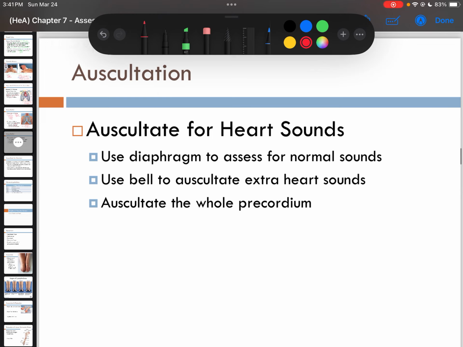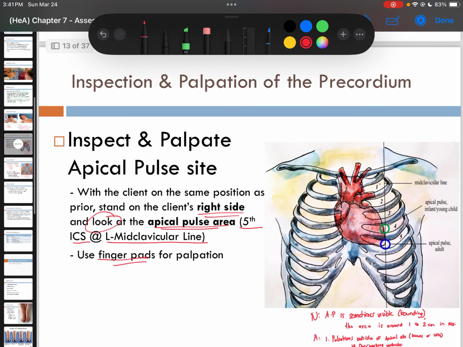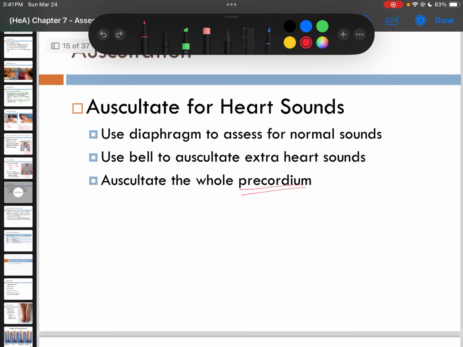Next is what we call auscultate for heart sounds. Normally, we should use the diaphragm for normal sounds and use the bell to auscultate for extra heart sounds. We have to auscultate the whole precordium. When we say precordium, it is the entire area of the chest, the entire area around the heart.